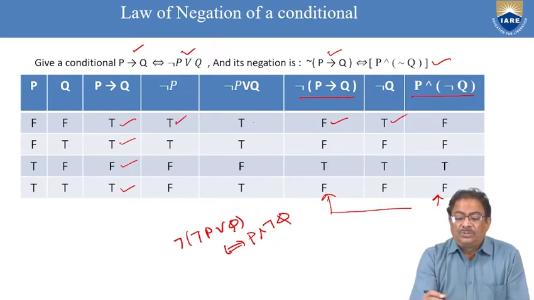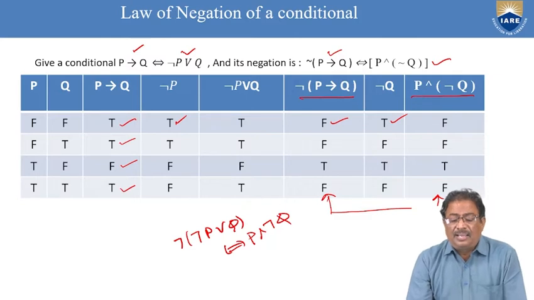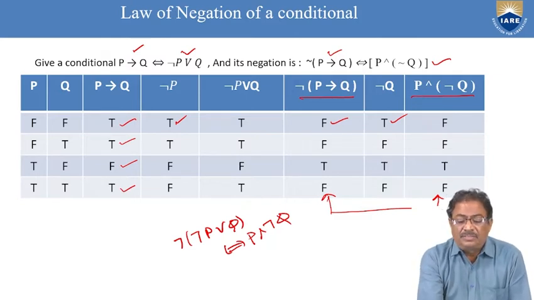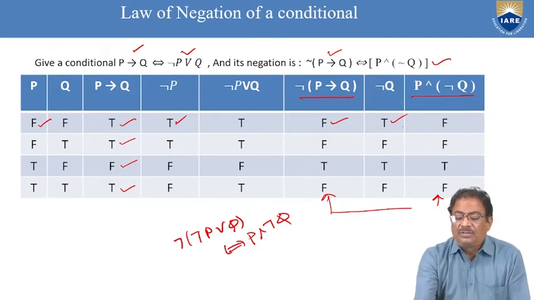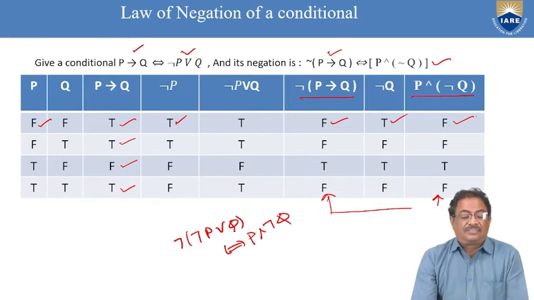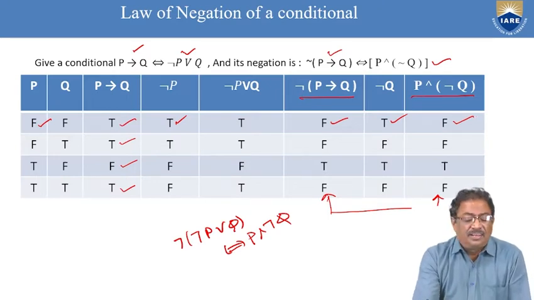True and true. So true, and negation of, so this is P, P is false and the negation of Q is true. So this is false. And the next one is P is false and negation of Q is false, which is false.